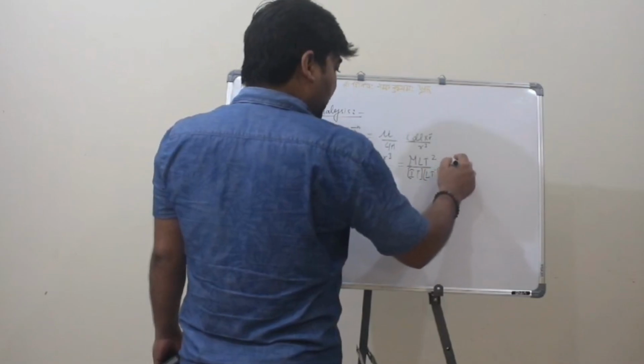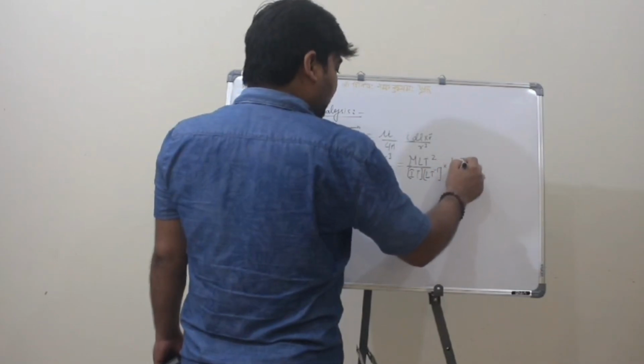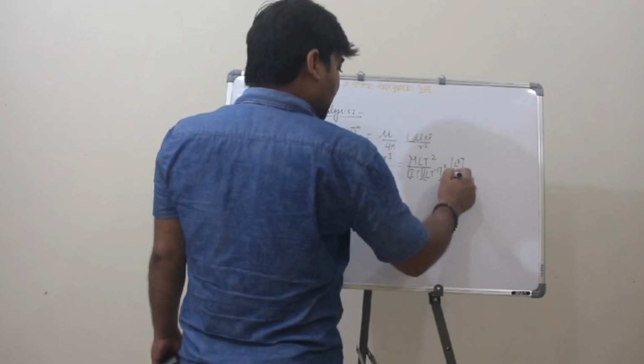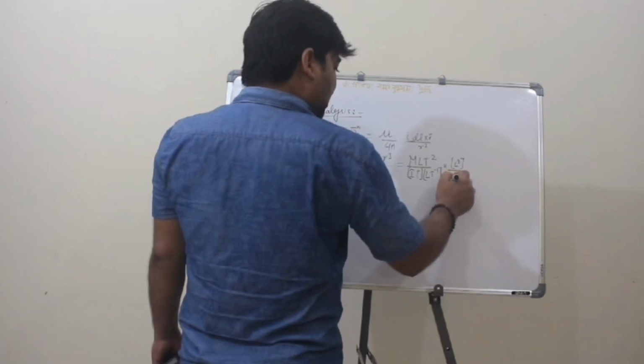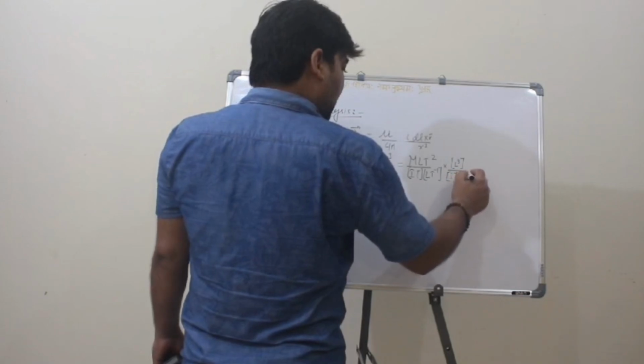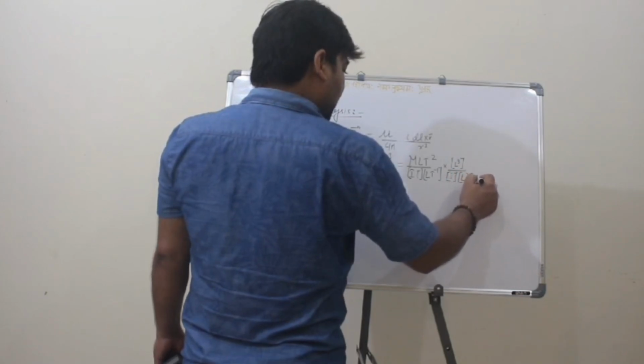And then r cube has a dimension of L cube, and I is nothing but I, and dl is again L, and r is again L.